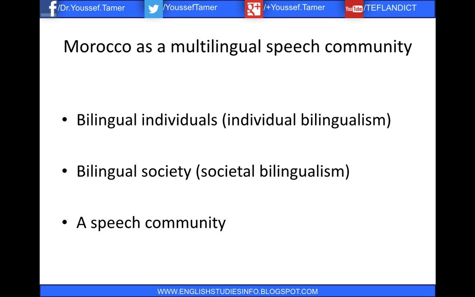A speech community is defined as a community in which the same language is spoken, is used by people belonging to this community. You can write it if you wish.